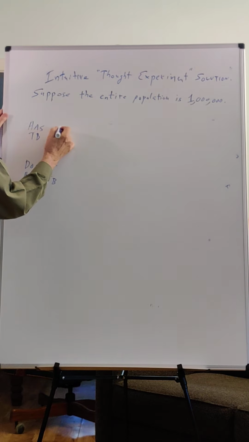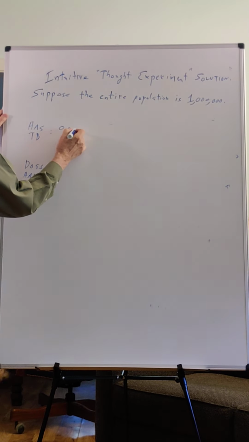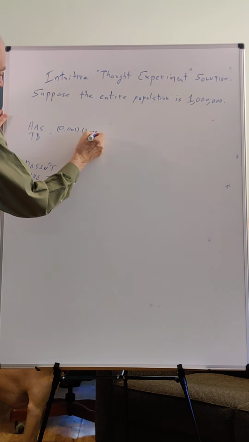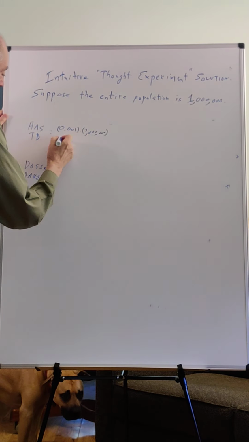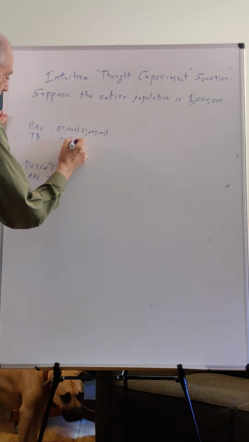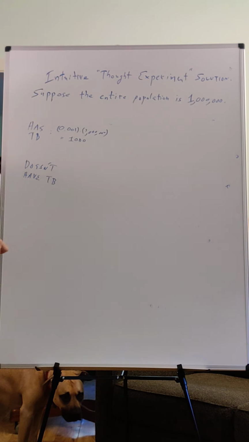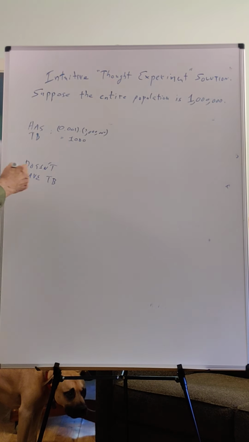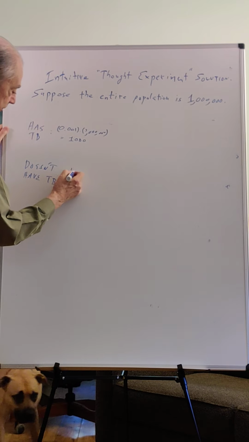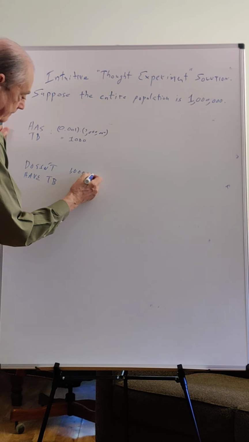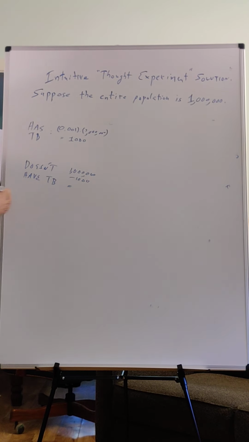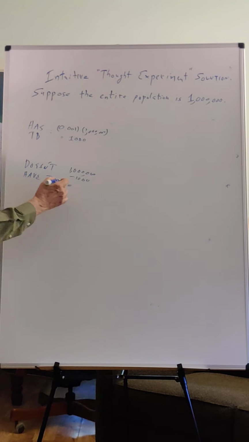So 0.1%, you multiply by 0.001, of course. And that's 1,000. A tenth of a percent of 1 million is 1,000. And so it doesn't have TB: 1 million minus 1,000 is 999,000.